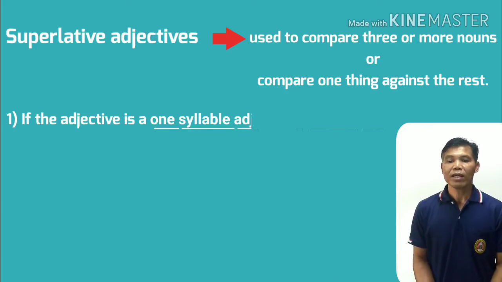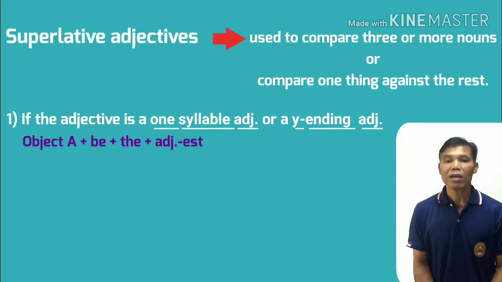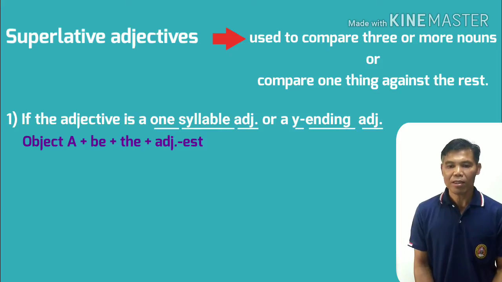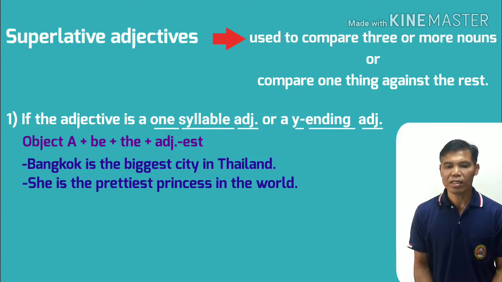If the adjective is a single syllable adjective or it is a Y-ending adjective, we use the following structure. Object A plus B plus the plus adjective in est form. For example, Bangkok is the biggest city in Thailand. She is the prettiest princess in the world.